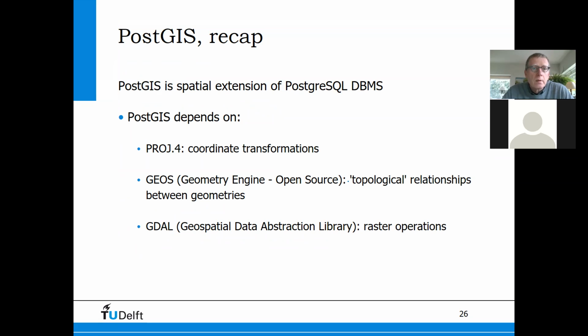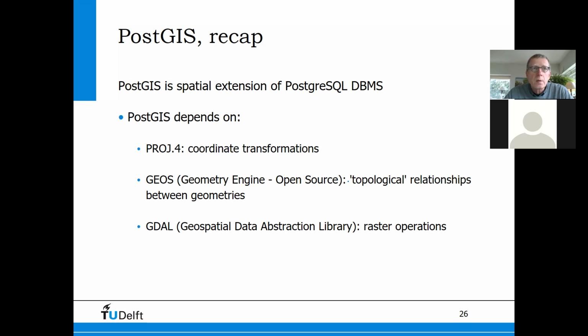As you all know, PostGIS is the spatial extension of the PostgreSQL database. PostGIS uses a number of libraries: the Proj4 library for the coordinate transformation, the GEOS geometry engine open source for topological relationships between geometries.